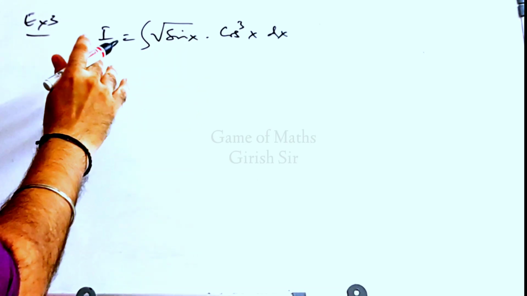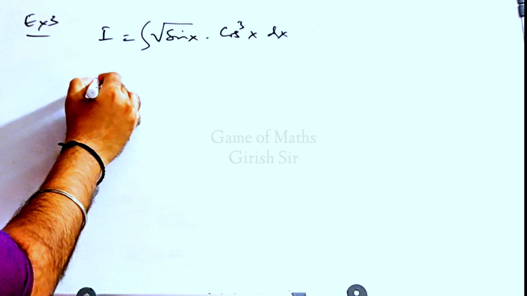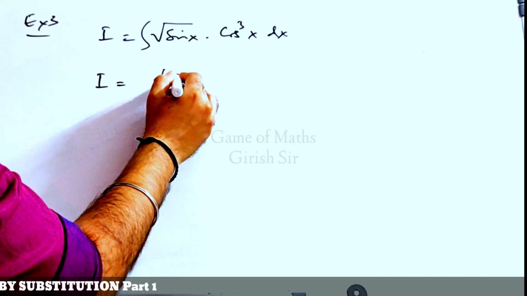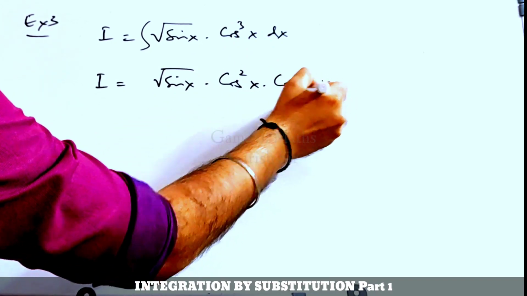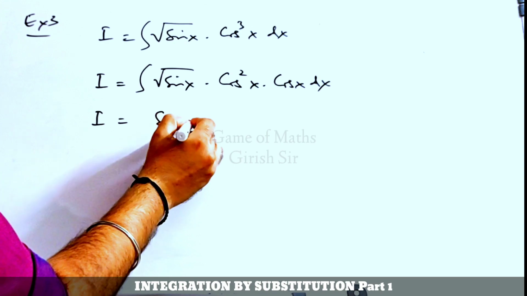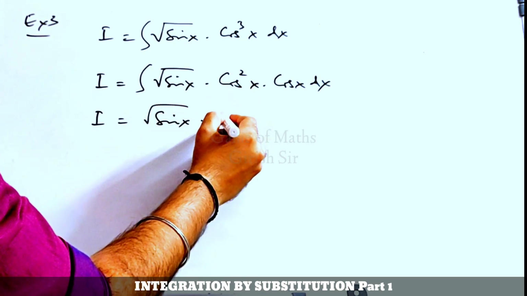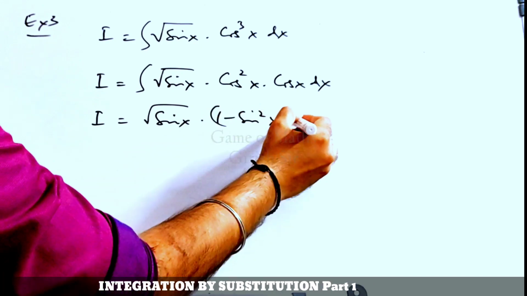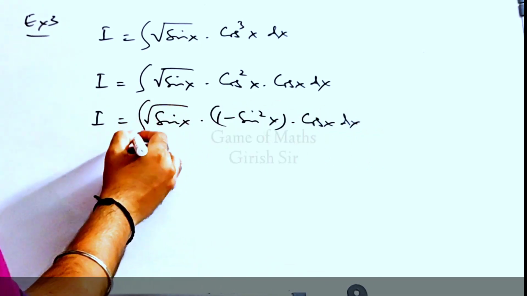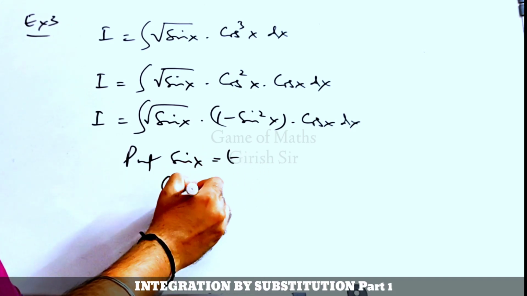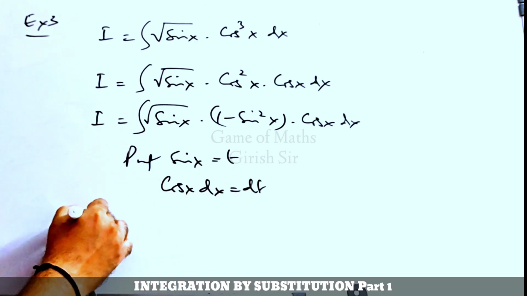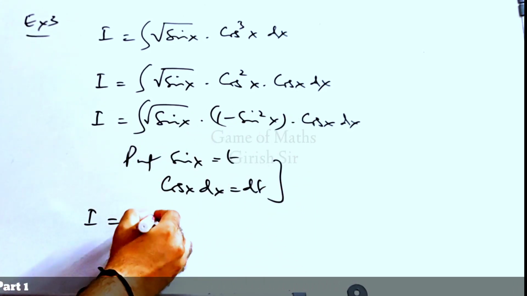Let's take another example. This question looks very similar to the previous question. Now in this question I can write cosine cube x as cos square x into cosine x. Now using the identity from trig, I can write cosine square x as 1 minus sin square x. Now you put sin of x equal to t and differentiate on both sides. Now we make the substitutions in the original integral.